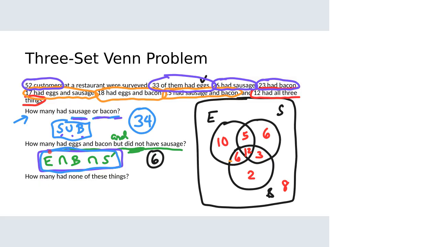We could do that if you want. 1, 4, and 7. Okay. Yeah. So 7 down here, they had bacon, but they didn't have eggs. And right here at the beginning, they had to have had eggs and bacon. They had to be in both of those sets, or we don't count.